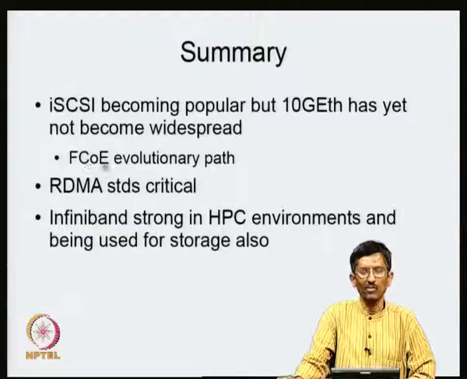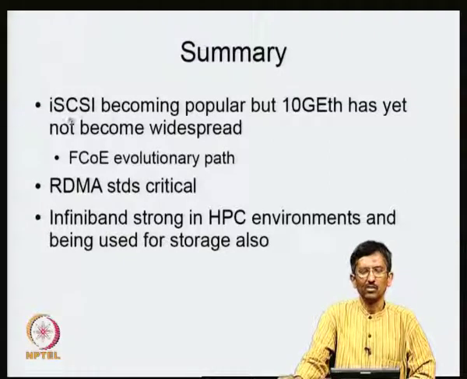So, even though it is an evolutionary path, it also entails certain additional complexities, but I think it's being attempted, it's being done. Of course, you are losing something also when you go through this particular path, basically because you are not able to guarantee certain latencies, because the Ethernet protocol has a different model.